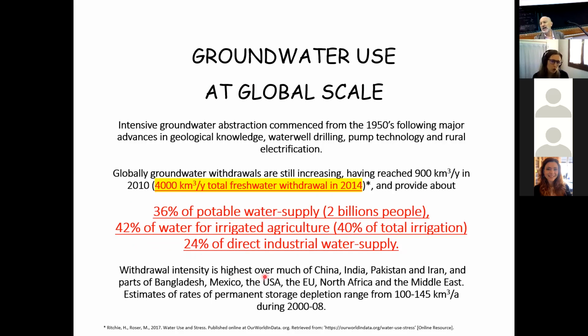And this is a list of countries where withdrawal intensity is highest, due to a strong pressure from the population over the water resources. You see that many of these countries are overpopulated or are located in arid and subarid climates.